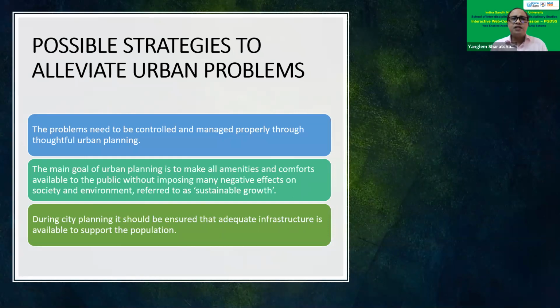Then what are the possible strategies to alleviate urban problems? What I want to say in one simple sentence is that the possible strategy is to find a holistic way of sustainable urban planning. So we need sustainable growth, and adequate infrastructure with a basic life support system.